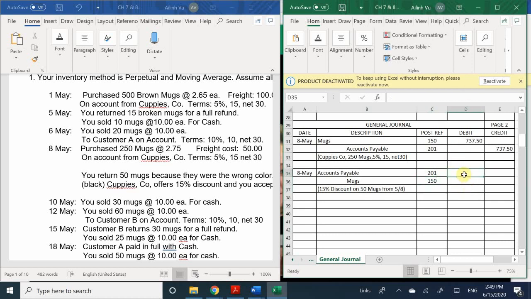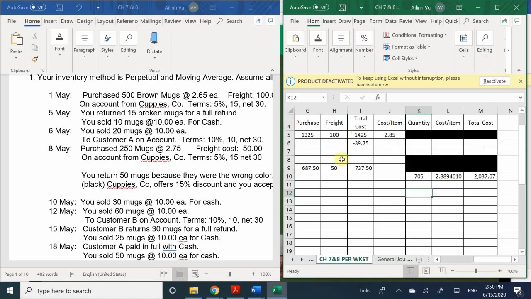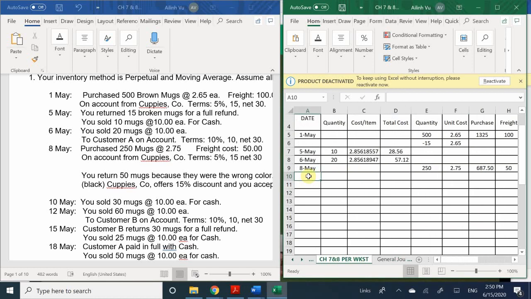For Andrea, who already solved it by looking at the scenario, how else can you solve for this? Go to the inventory sheet. Yes, you can go to the inventory sheet. That is correct. So if I go to my inventory sheet, I'm going to make this adjustment here.